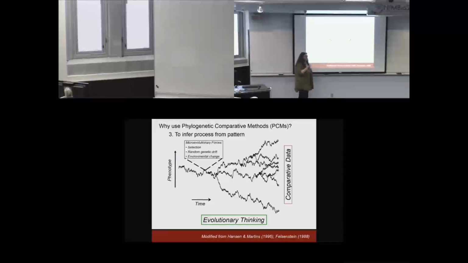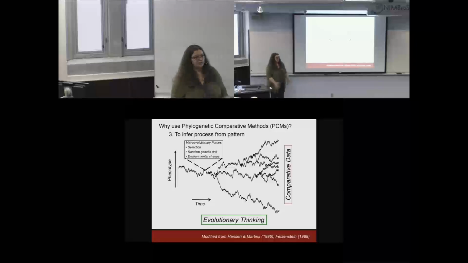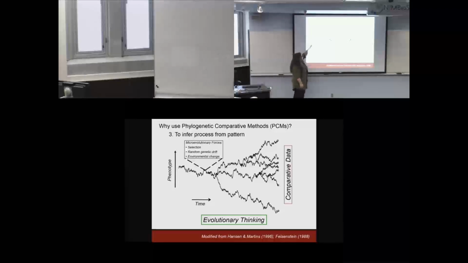And comparative data have this powerful potential to give you insight into evolution in ways that you can't get in any other way. So if you imagine a phenotype at each generation of time, so this might be body size, for example, and at each generation it might increase or decrease, and it goes over time, and this is evolution along a phylogeny.